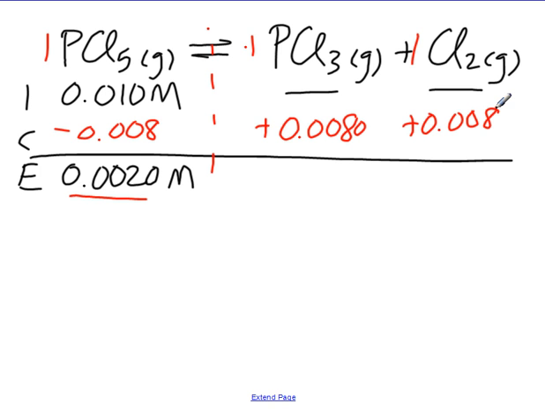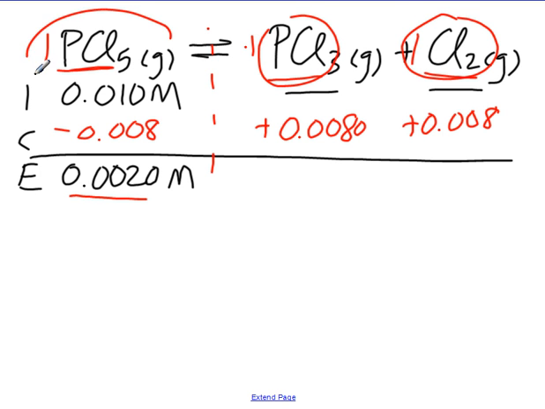If you add up the P with 5 Cls and get the mass of that, and then add up the P and 3 Cls and the 2 Cls over here, you'll notice that this guy's mass plus this guy's mass equals this guy's mass. So when you take 0.008 molarity of PCl3 and 0.008 molarity of Cl2, convert that to grams, it will equal 0.008 molarity of PCl5. Okay?